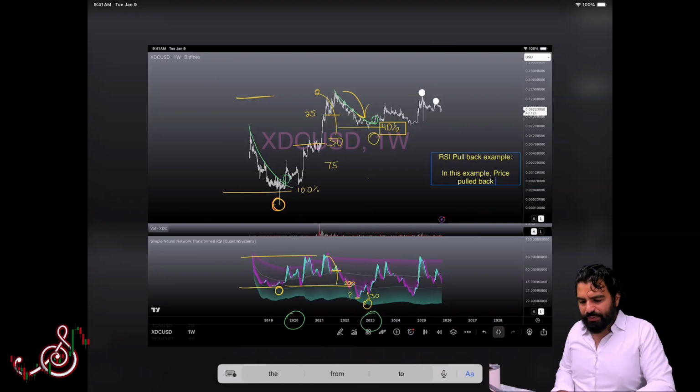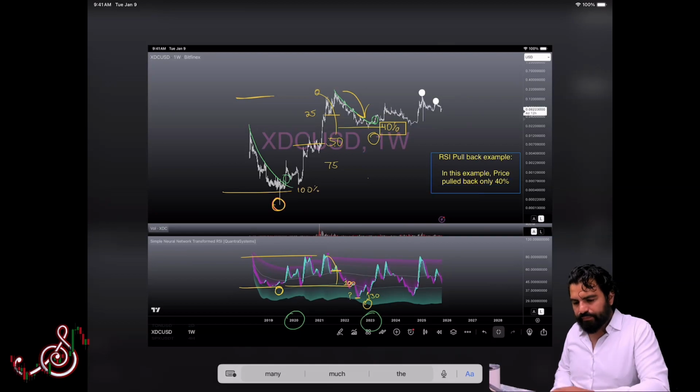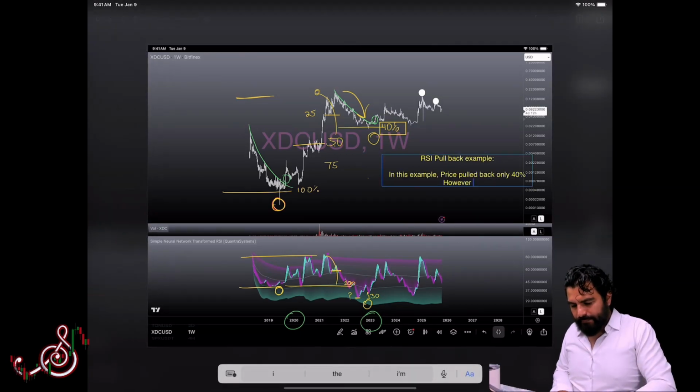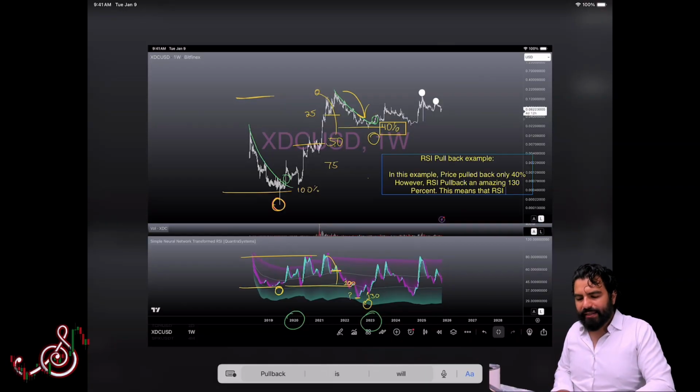In this example, price pulled back only 40%. However, RSI pulled back an amazing 130%. This means that RSI is trying to snap price back into place with a large move on the weekly charts.